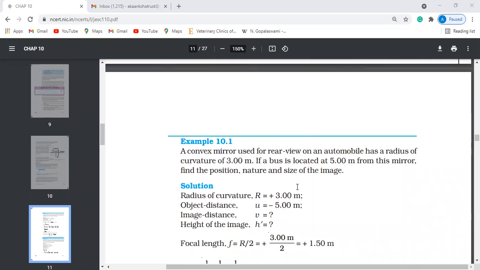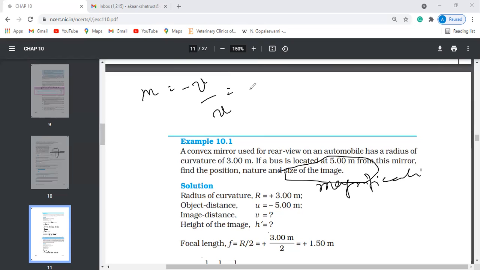Here it should be magnification of the image. So magnification can be given by minus v divided by u, correct? So you know the value of v. What is the value of v? It is minus 1.15. U is minus 5.